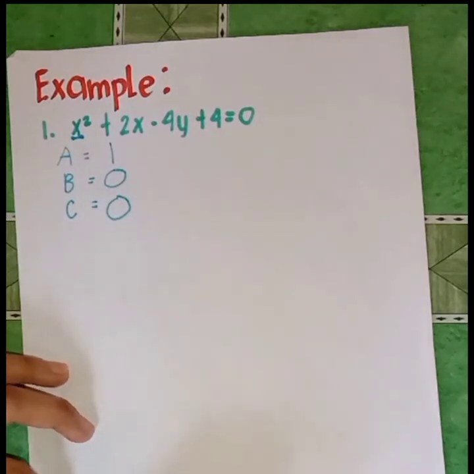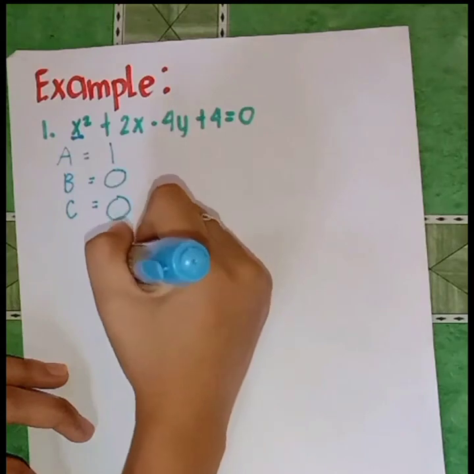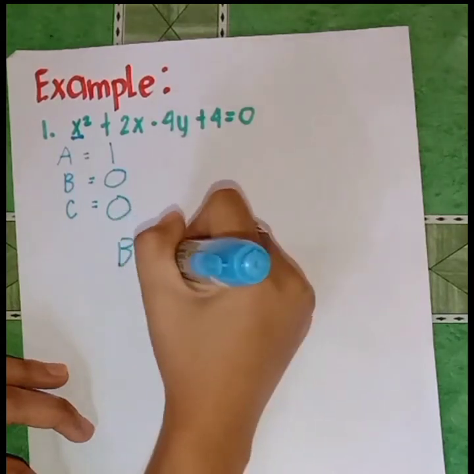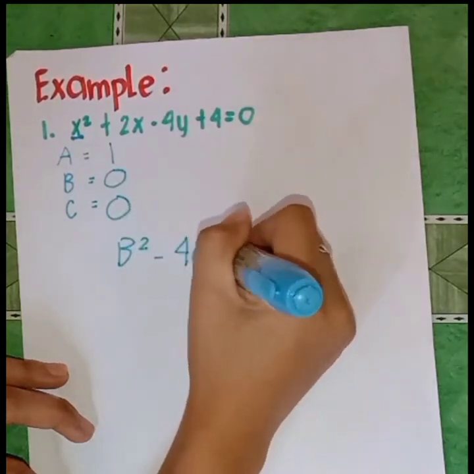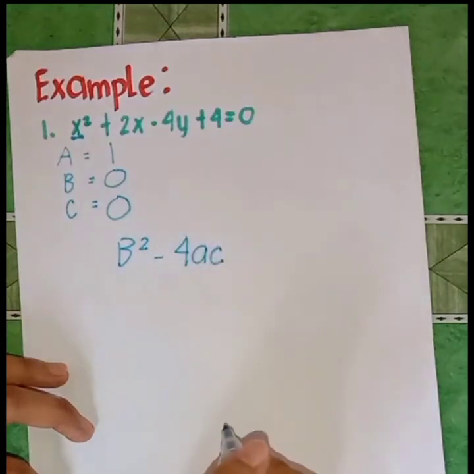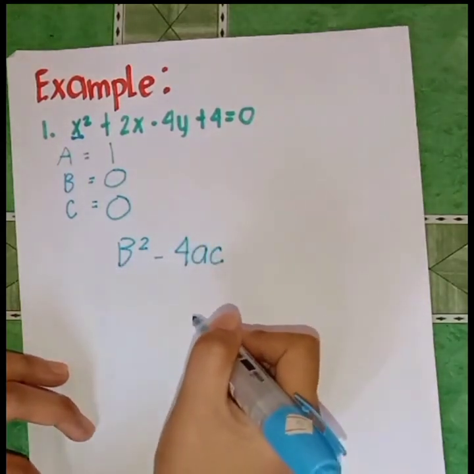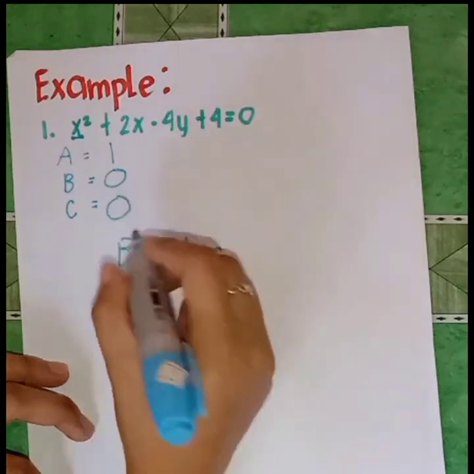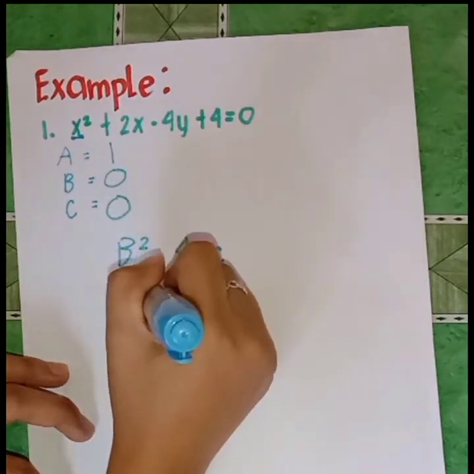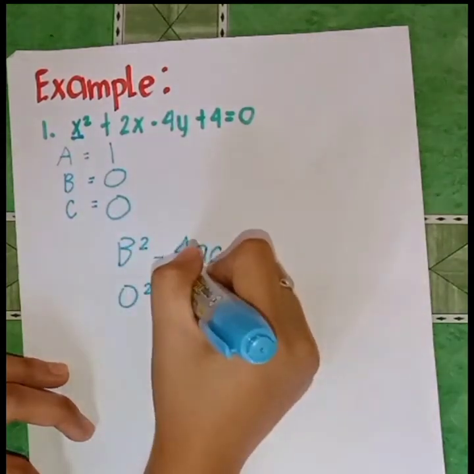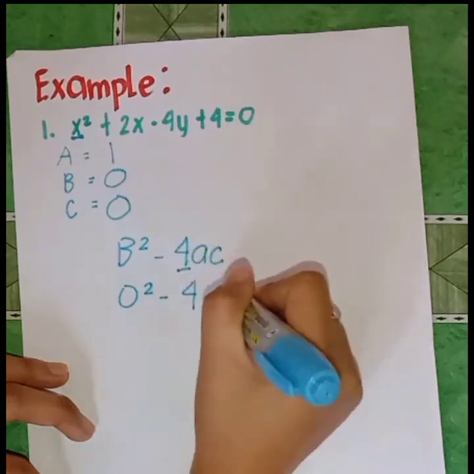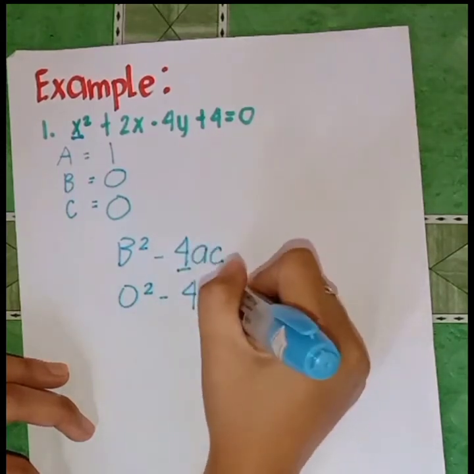So, we will use the discriminant, which is b squared minus 4ac. All we do is distribute each value into the discriminant. The value of b is 0. Copy the constant 4. The value of a is 1.